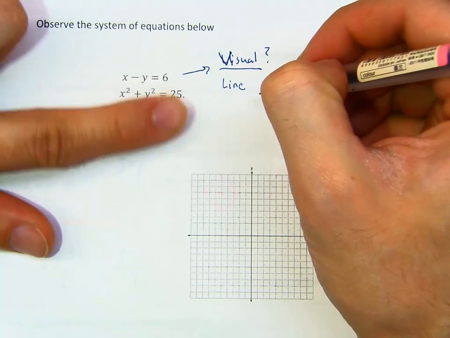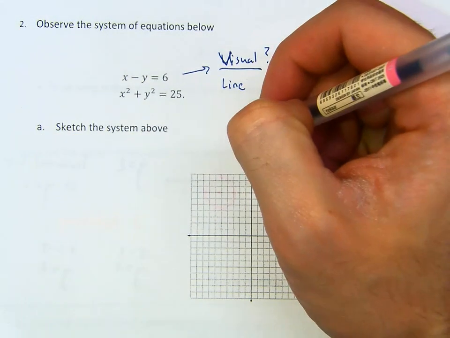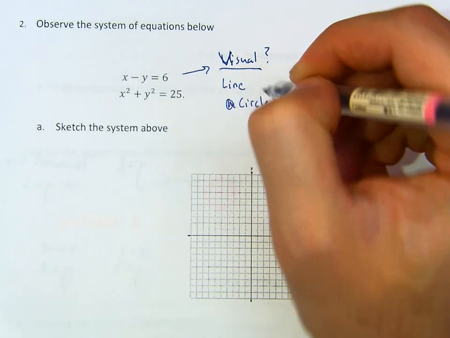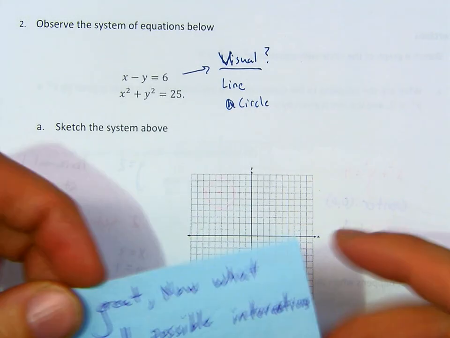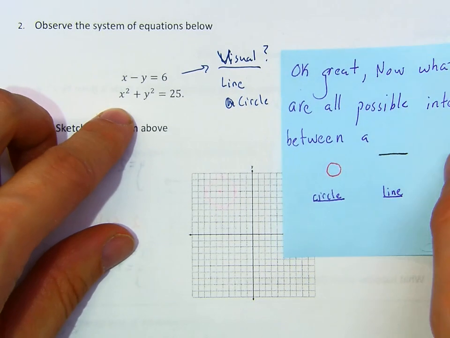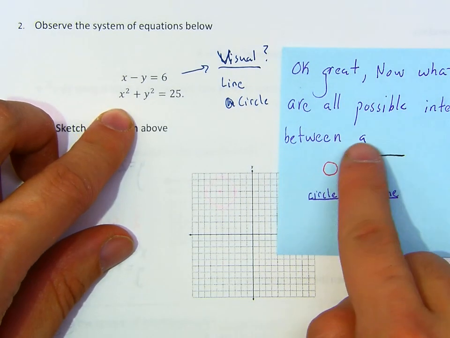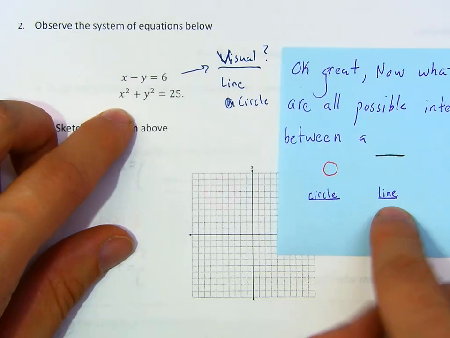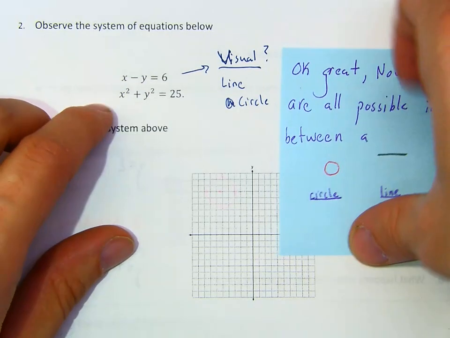What is the visual for this? This will be a circle. So we know this is a line and this is a circle. Ask yourself, what are all possible interactions between a circle and a line? We discussed this last class, and either three things could happen.